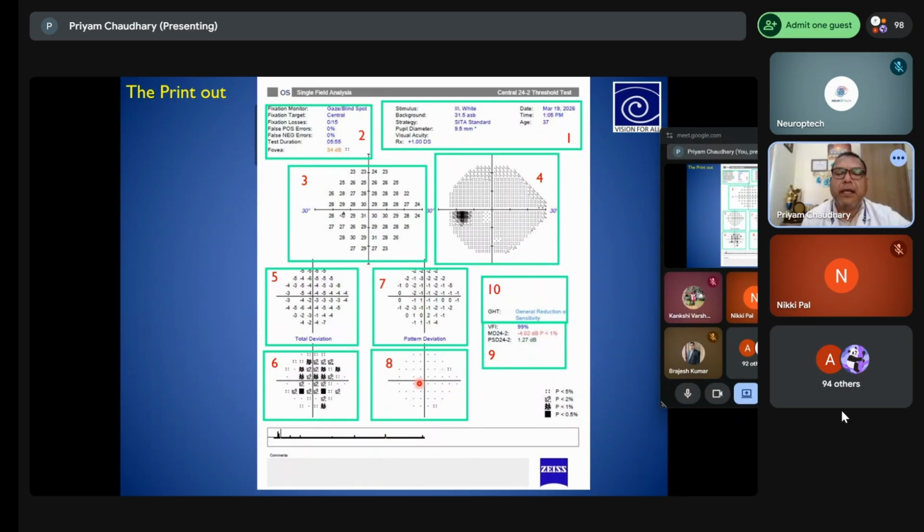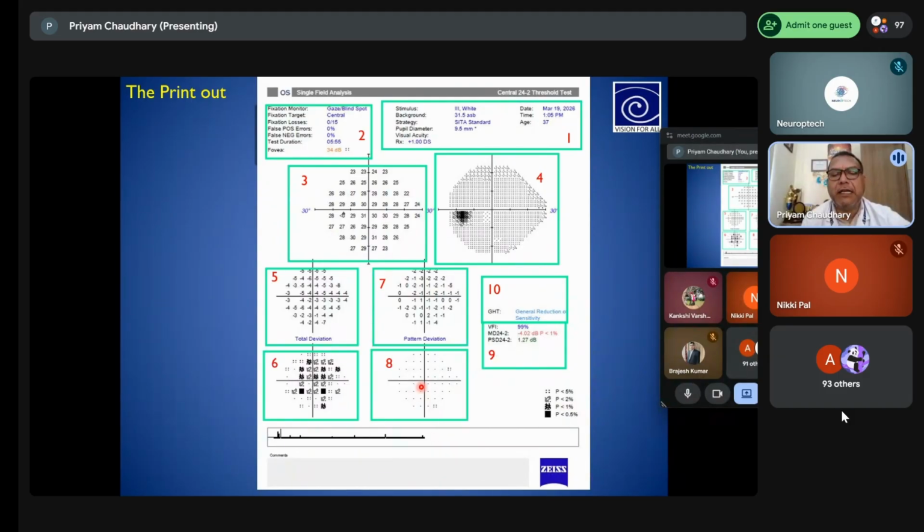Now the 8th zone. The 8th zone is the grayscale of the pattern deviation. If in the central 4 points of the pattern deviation you get any depression down to the 3 level, you should do the 10-2.